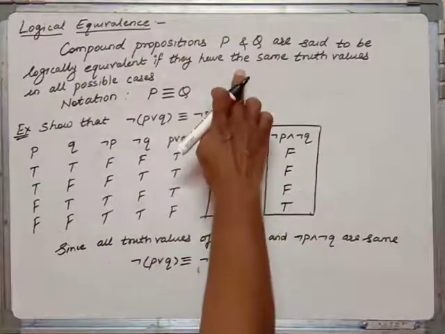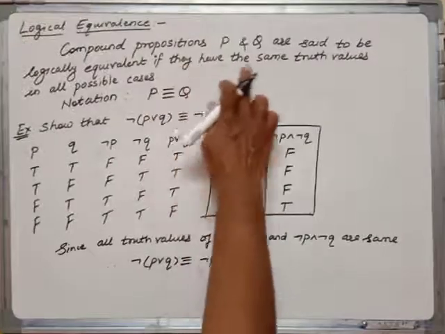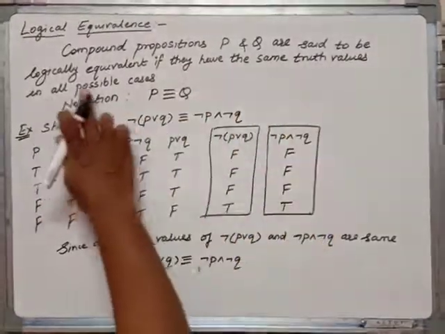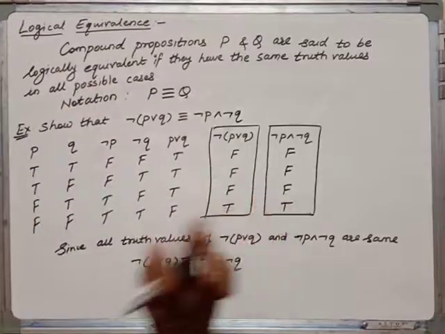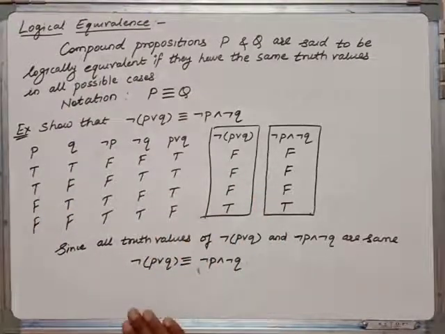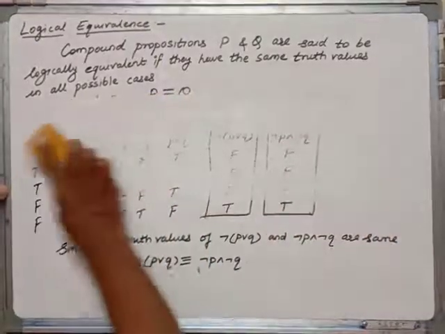The same thing is said in the definition: if they have the same truth values in all possible cases, all these four possible cases, they are equivalent. Okay. Now let us take the next example.